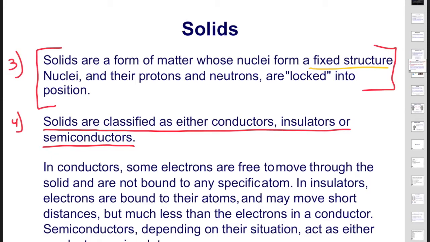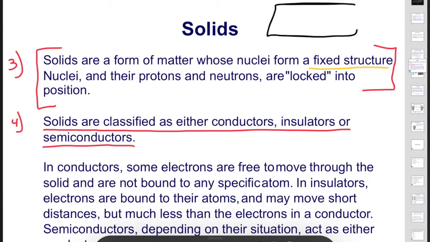Now, the solids, using the definition about using atoms, are a form of matter where the nucleus is a fixed structure. What that means is when we have a solid, let me say it right here, this is one object, a solid, and all these squares are atoms. The nucleus of the atom is fixed.